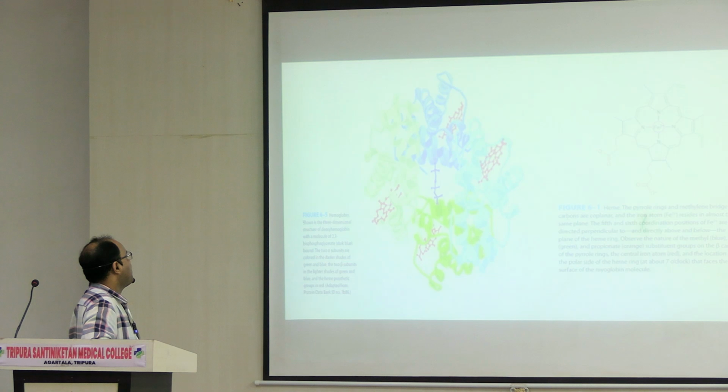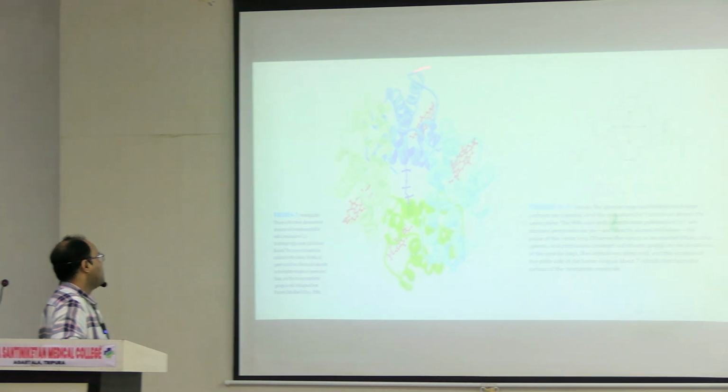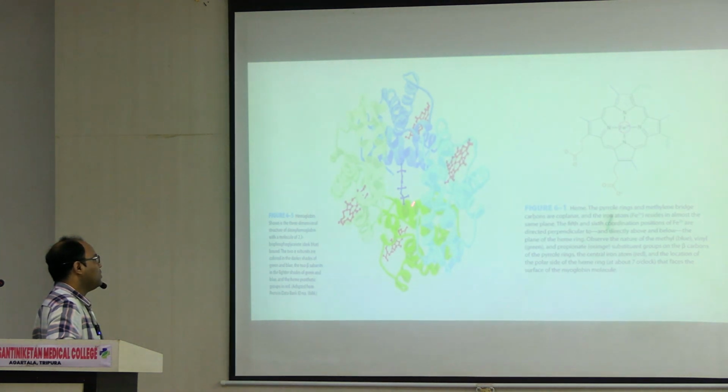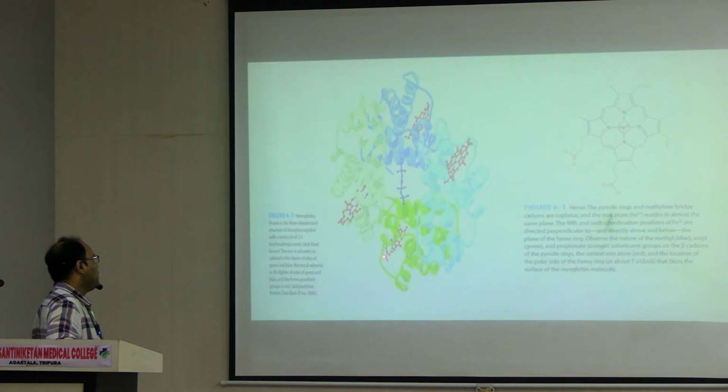You can see here, this is the 3-dimensional structure of hemoglobin. Here we have alpha 1, alpha 2 chain, beta 1, beta 2 chain. Here this is the 2,3-BPG molecule in the center, and in the center of each globin chain we have heme molecule 1, 2, 3, 4. This is 2,3-BPG.